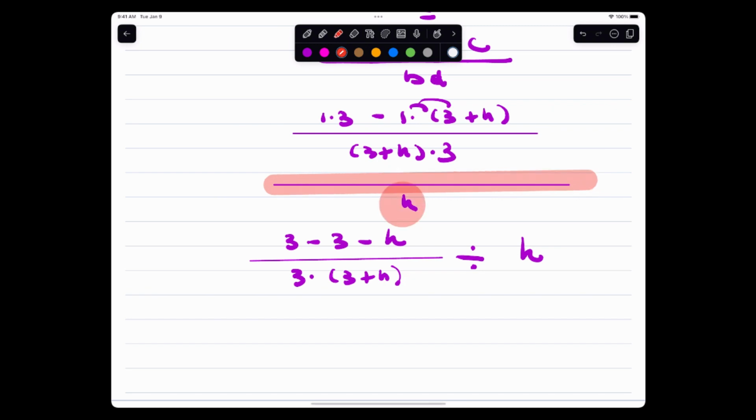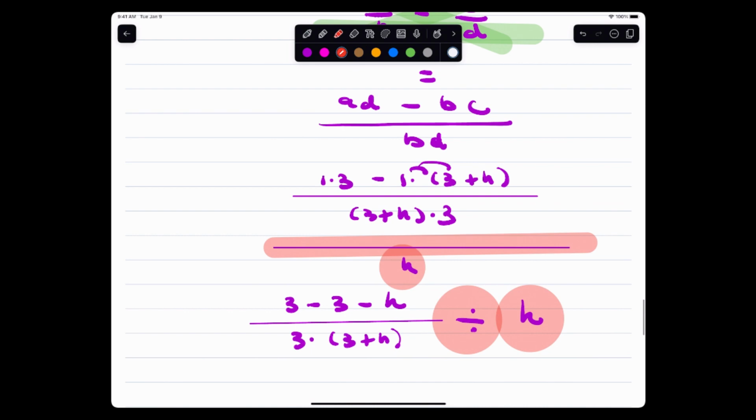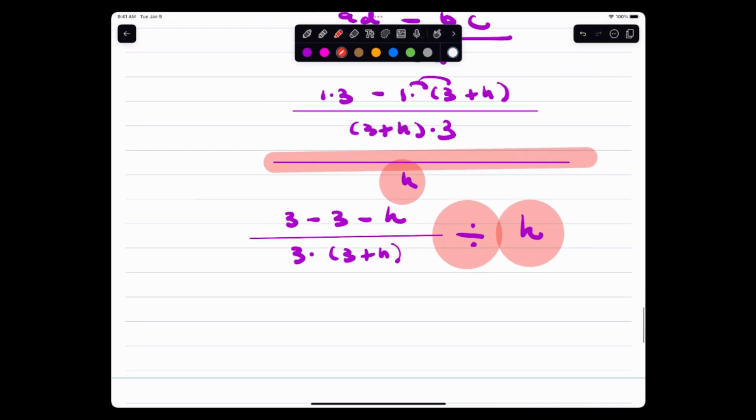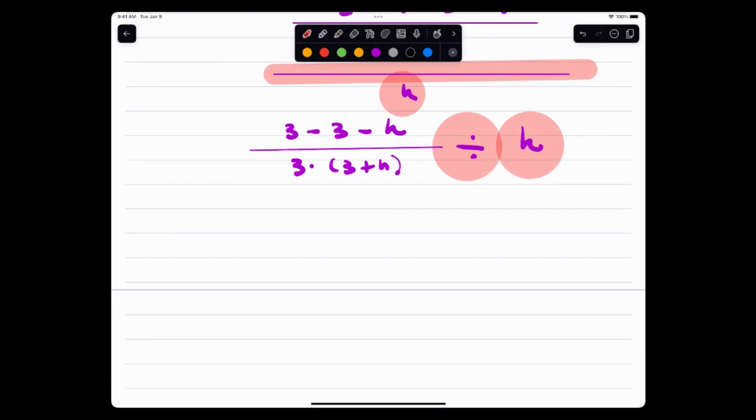Divide by h. I wrote this horizontally, not vertically. And then notice what happens with those 3's. You get negative h over 3 plus h. Now that's times 1 over h.